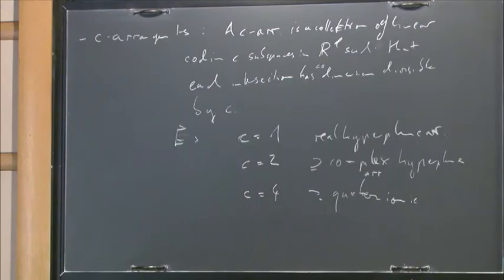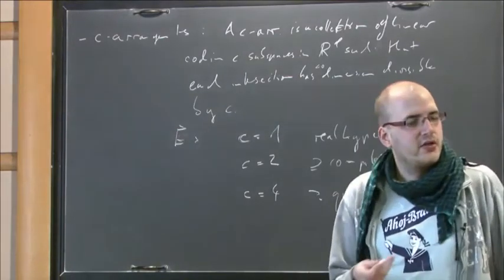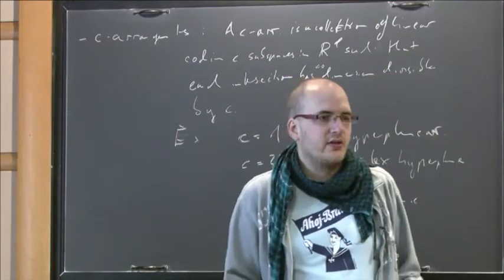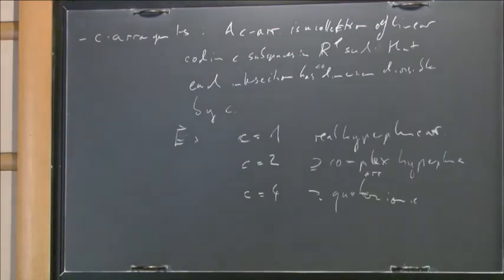So the C arrangements for me are just a way to test whether some theorem really has an algebraic nature, or whether there is something deeper behind it that is only combinatorial. It's not so much that they are very exciting objects.